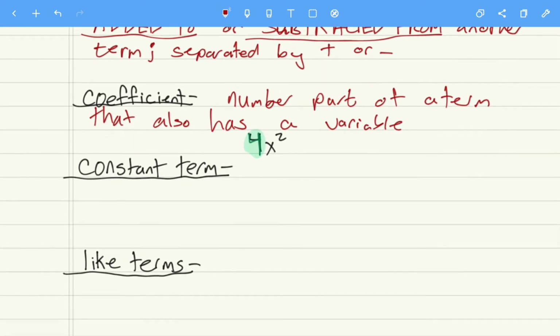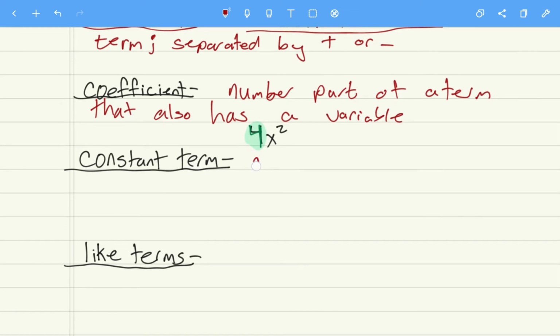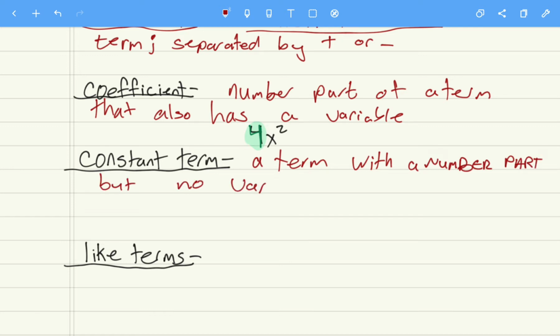Our next term is constant term, which is a term with a number part but no variable.